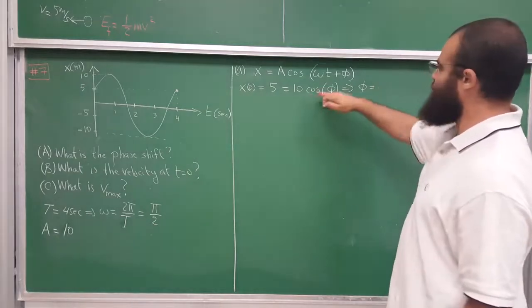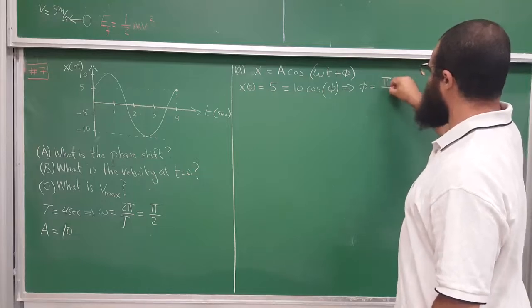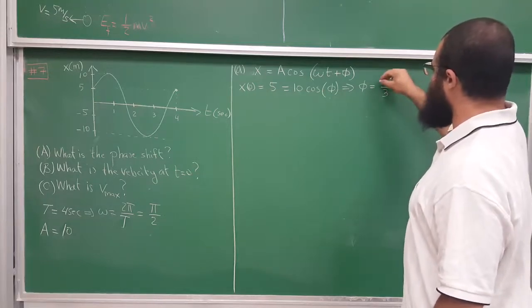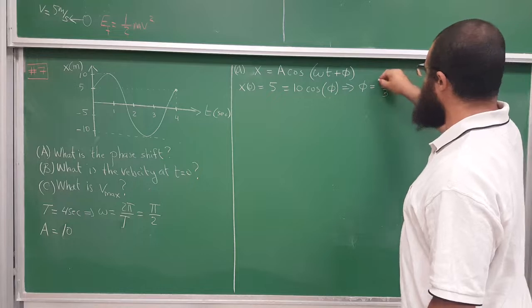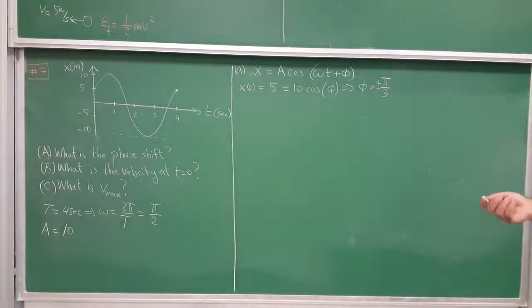The cosine of phi is 1/2, so phi will be pi over 3. In fact, it is either plus pi over 3 or negative pi over 3, because remember, the cosine of positive pi over 3, which is 60 degrees, is 1/2, and the cosine of negative 60 degrees is also 1/2.